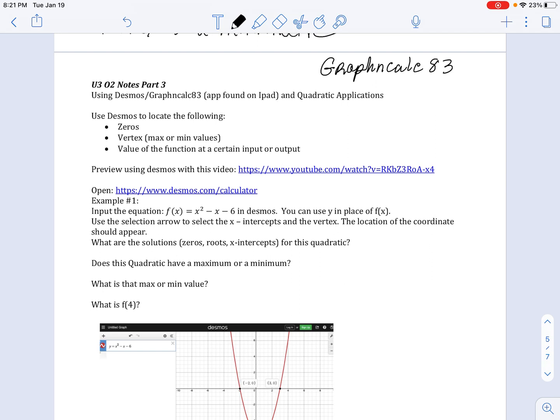You're welcome to use either one to help you with this section of the notes.